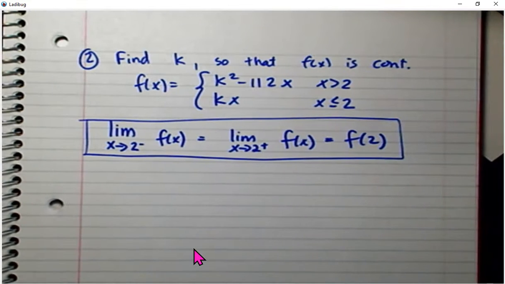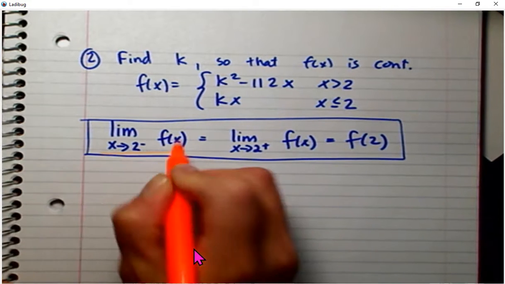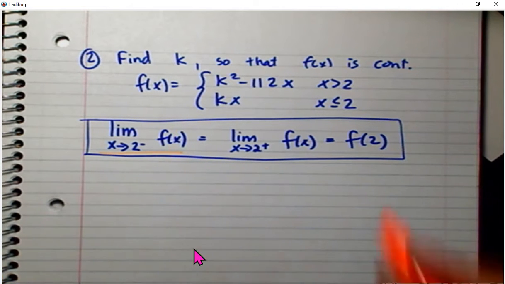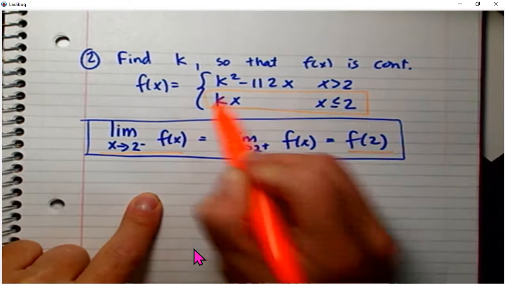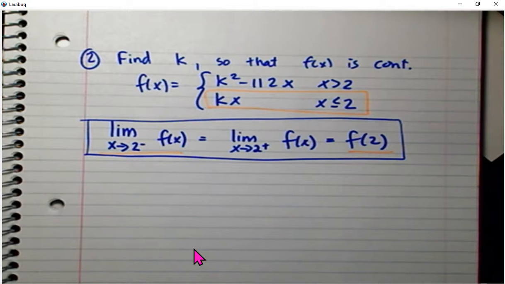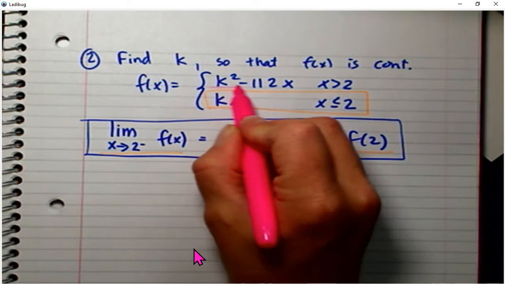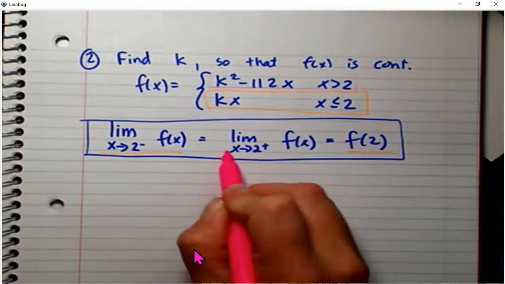I started with the equation of the tangent line, and I identified the parts that needed to be plugged in. This time, I need to find the left, and the right. Notice those two pieces come from that part, and the right comes from this part.